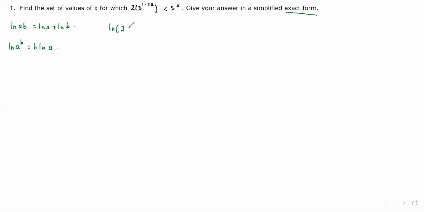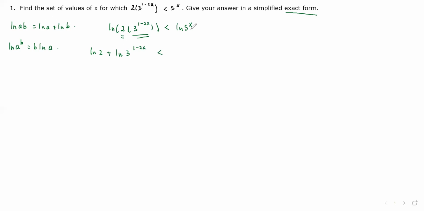Then ln of 2 times 3 to the 1 minus 2x is less than ln of 5 to the x. On the left side, you have ln of AB, a product, so we apply the product law: ln 2 plus ln 3 to the 1 minus 2x.